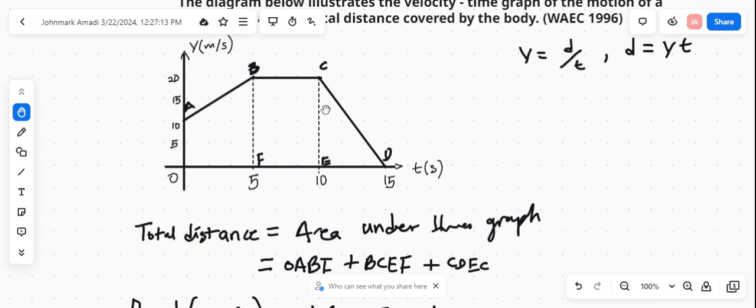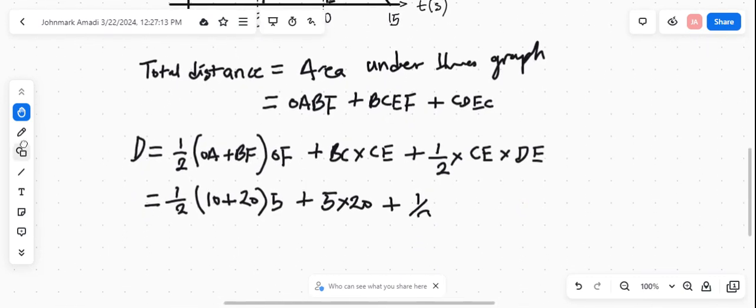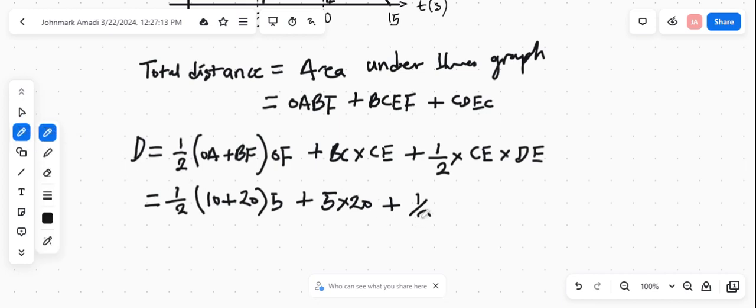So this will be 20 times 5, times 1/2. So let's do our calculation now.